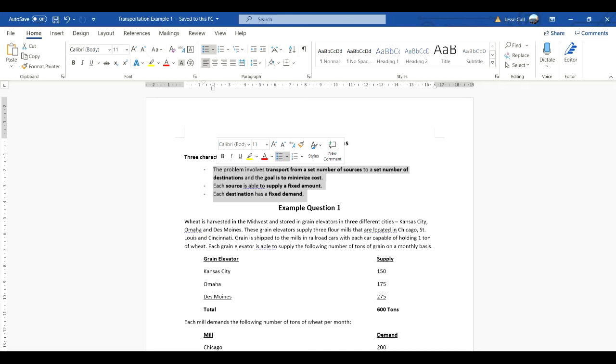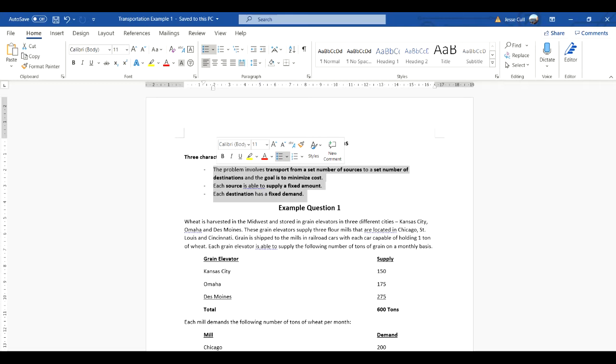Number two, each source is able to supply a fixed amount of goods. You do not have unlimited goods. Instead, it's a fixed amount. And number three, each destination has a fixed demand.